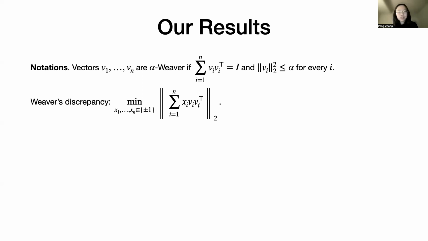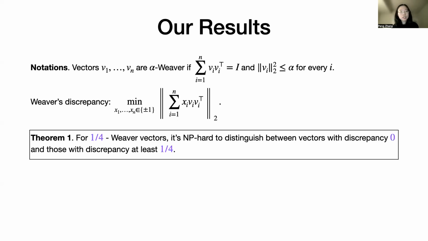Under this notation, Weaver's conjecture states that there exist absolute constants alpha and beta, such that any list of alpha Weaver vectors has Weaver discrepancy at most beta. Our first result concerns alpha being 1/4.